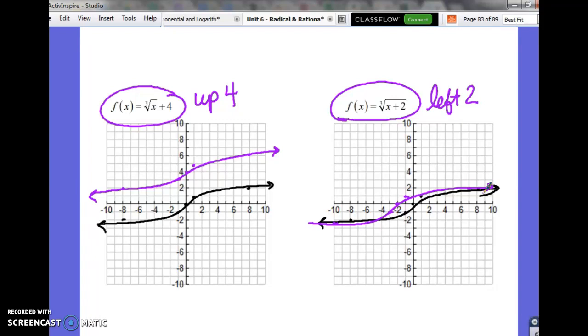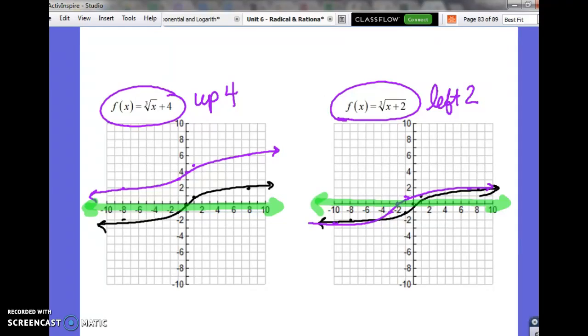So the very last question asks, what do you notice about each of the domains and ranges of the cube root function? Well, no matter what happens, when you look at this purple graph, it's going to go to the left and to the right forever. And the same thing with this purple graph, left and right forever. So the domain is still negative infinity to infinity, or all real numbers.